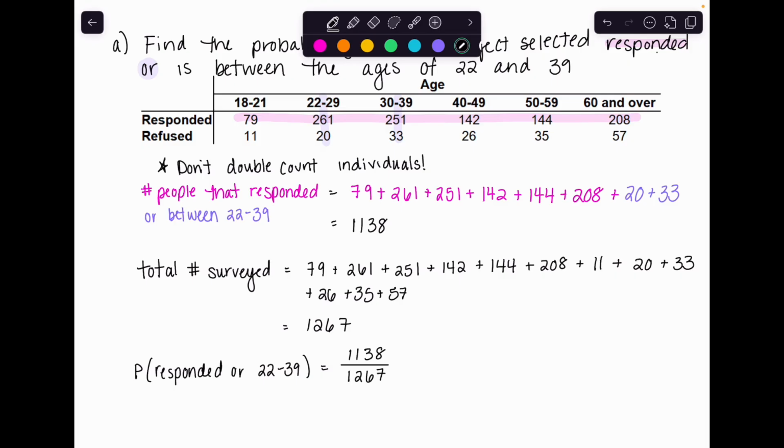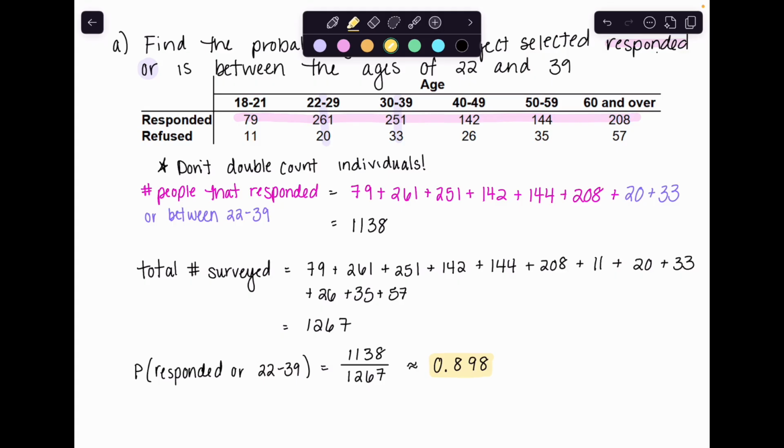Okay. So this is not something that's easy to reduce. You're likely going to see that it's going to ask you for a decimal answer, and typically we round to 3 decimals. So if you plug this into your calculator, you'll see it is about 0.898, which means 89.8% of people responded or are between these ages.